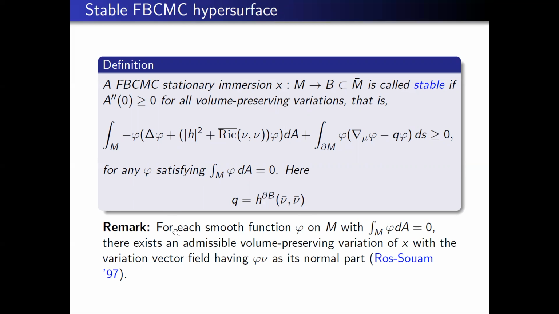And we remark that for each smooth function phi on M with the integral of phi over M equal to 0, there exists an admissible volume preserving variation of X with a variation vector field having phi times mu as its normal part. This is by Ros and Souam in 1997.